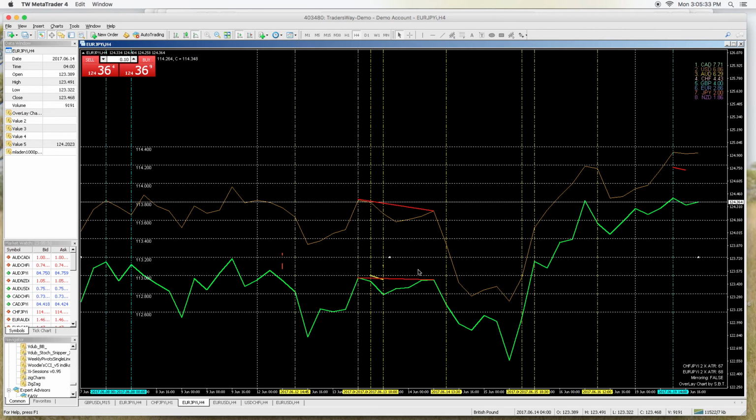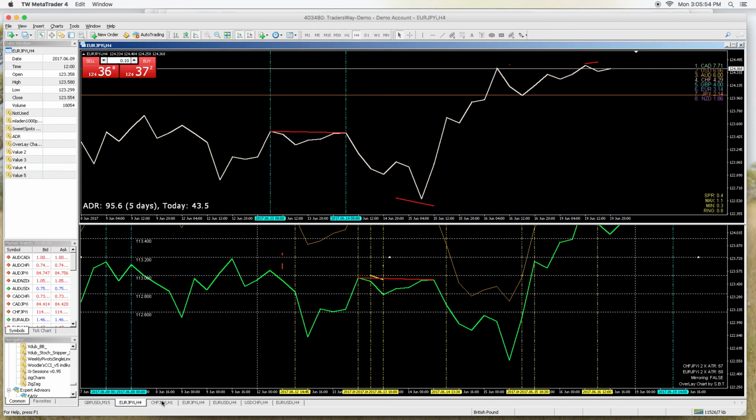But anyways, on this chart it doesn't really show up. This shows up as being significantly leaning in the same direction. But when we go to our 4-hour chart of the Euro yen, it's almost flat.